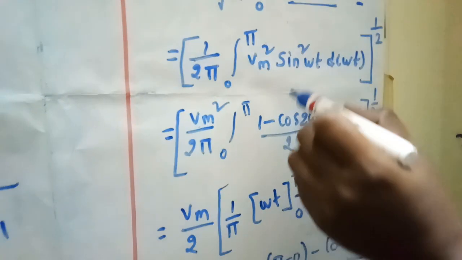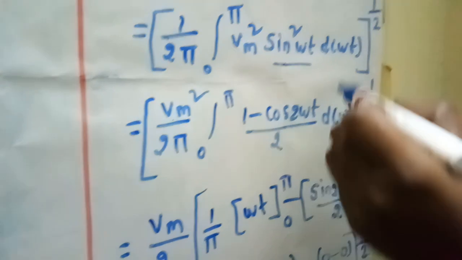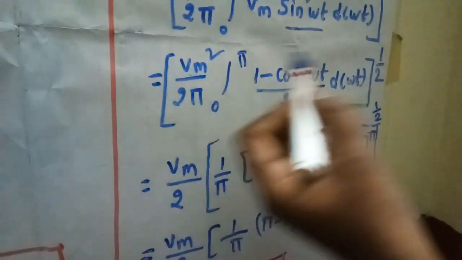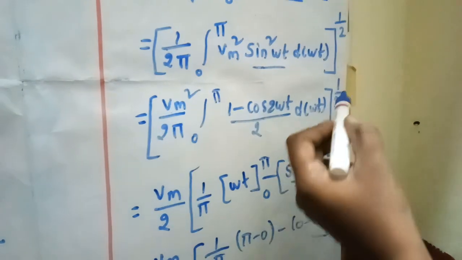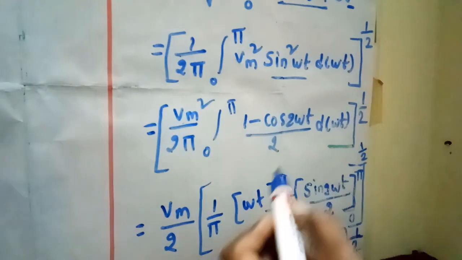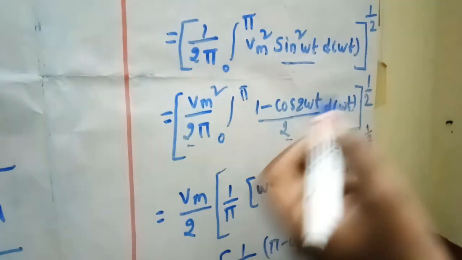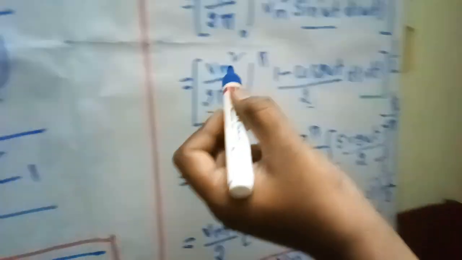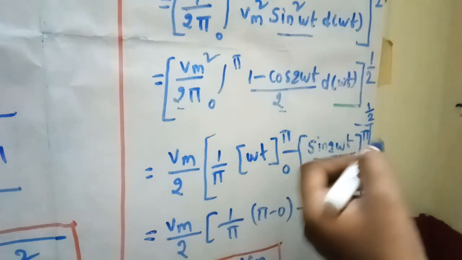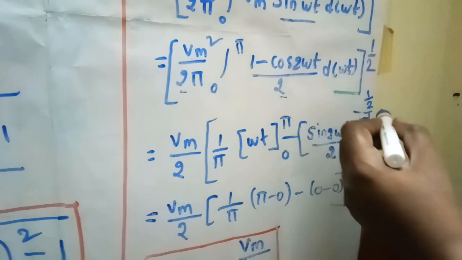This is the formula: sin square omega t is 1 minus cos 2 omega t by 2, d omega t, whole power 1 by 2. Then Vm square root we have, and in the same manner Vm square here we have, that's why Vm by here 2 and 2 is nothing but 4, square root of 4 is nothing but 2. So Vm square by 4 is nothing but Vm by 2. So by removing the square root, you will get Vm by 2, and remaining term we are taking square root or 1 by 2.